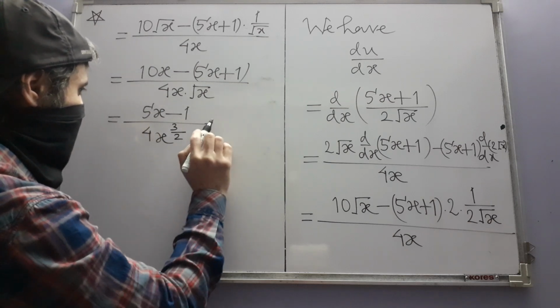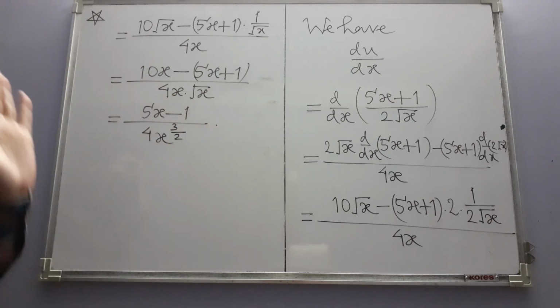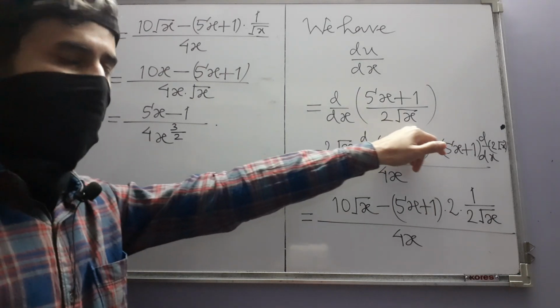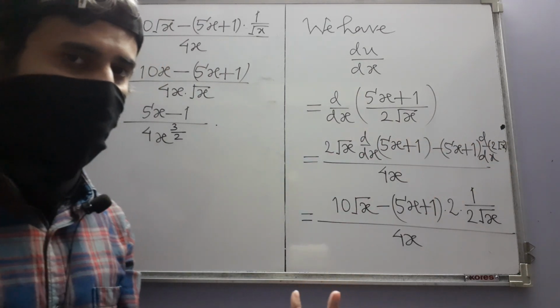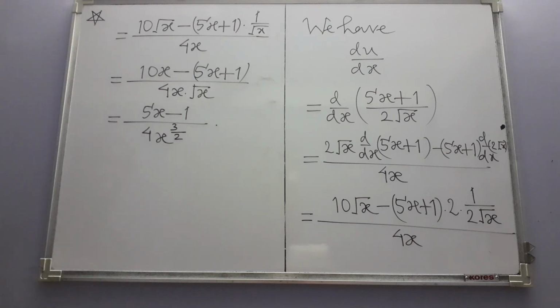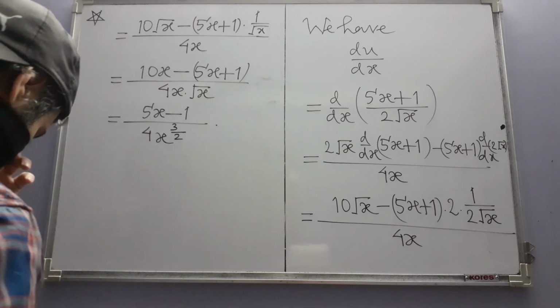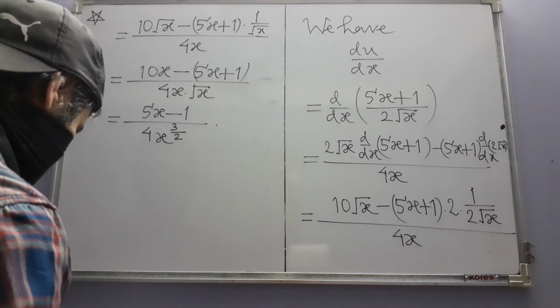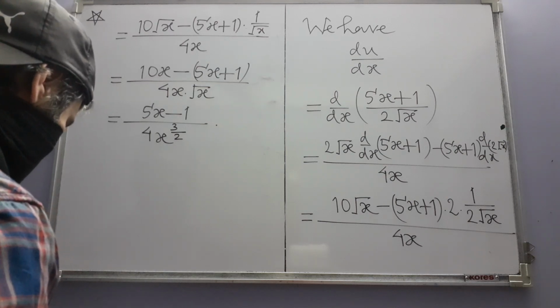So this is the derivative. At first I thought that simplification will help us, but it turned out to be a problem itself. So that was 24 and then 25.